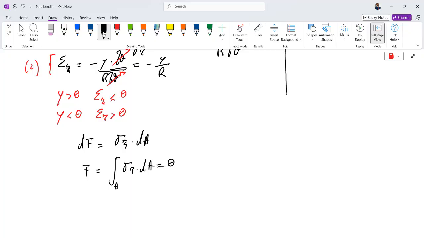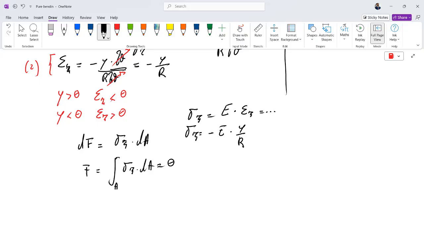Sigma z is equal to Young modulus E times epsilon z. But epsilon z we found before from equation number 2: epsilon z is equal to minus y over r.